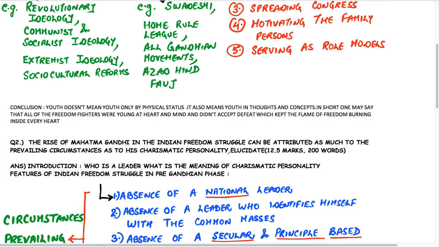He had a charismatic personality. Charismatic personality means a unique personality having good personality traits and leadership traits, as well as his rise in the freedom struggle also occurred because of the prevailing circumstances at that time. So we are going to have a look over the answer skeleton of this very good question.